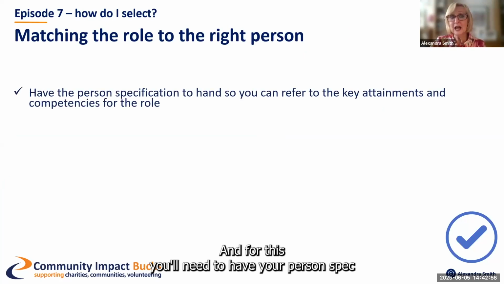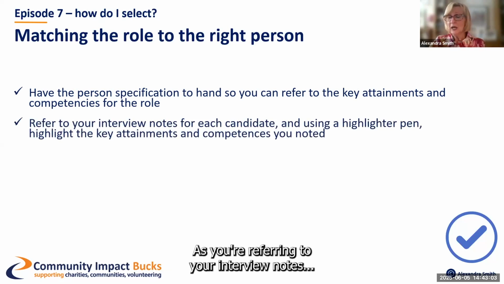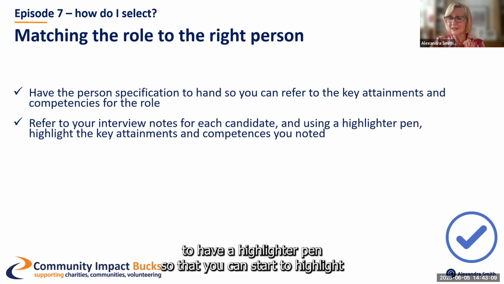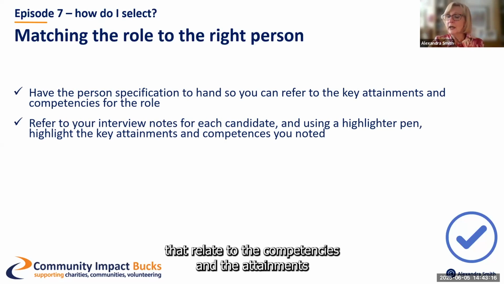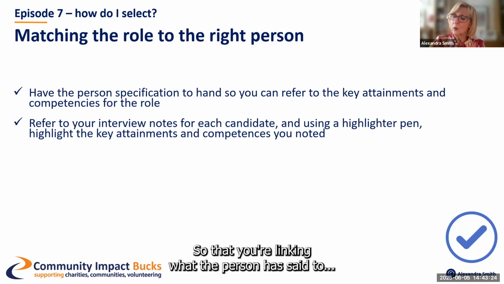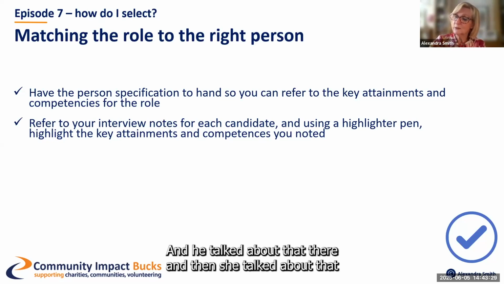And for this, you'll need to have your person spec with you and the interview notes that you've taken. And as you're referring to your interview notes, it's usually helpful to have a highlighter pen so that you can start to highlight the statements that the candidate has made that relate to the competencies and the attainments that you've already defined in your person spec, so that you're linking what the person has said to, oh yes, that's the competence we need, oh yes, and he talked about that there, and then she talked about that there.